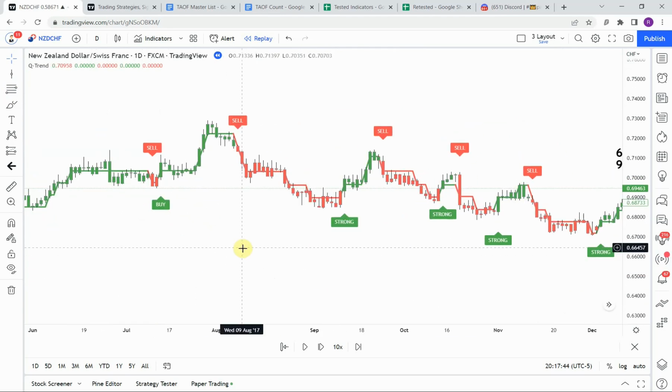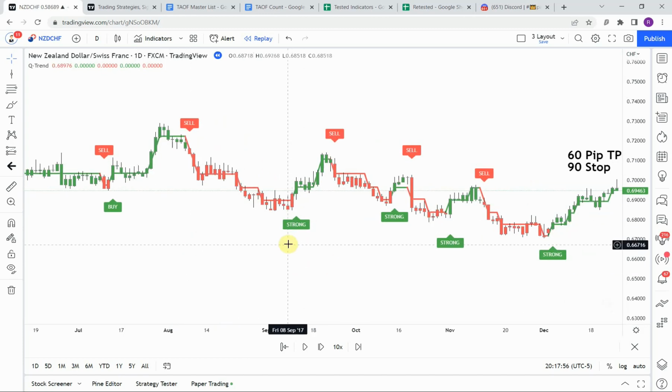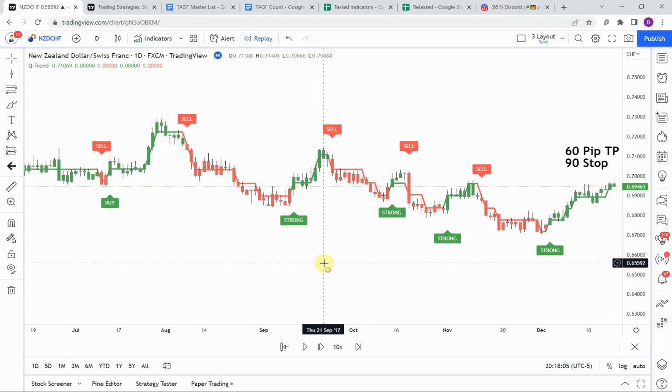And so the standard sell and buy, red tag, green tag, kind of indicate just a standard signal, whereas the red and green tags that are labeled strong indicate that it's a strong buy or a strong sell signal.